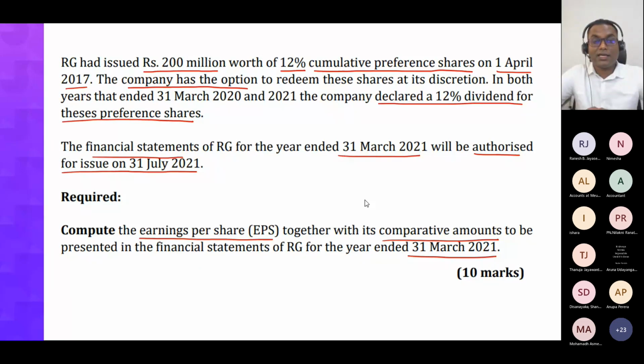But if it is classified as equity, then from the net profit, you need to deduct the preference share dividends. My question to you is, tell me whether this is a financial liability or whether this is equity. Can you tell me? Hurry up, you need to answer. Financial liability or equity?